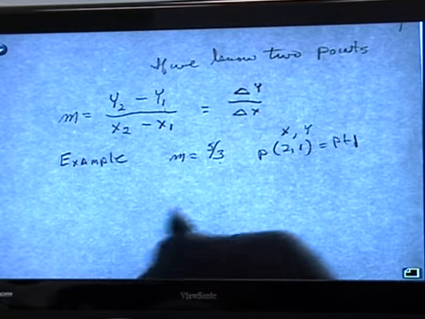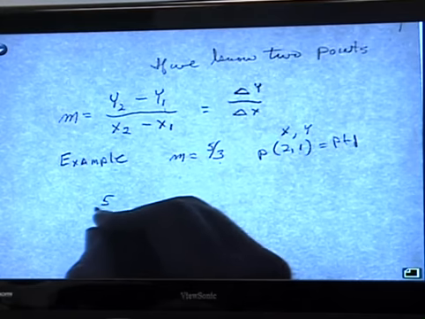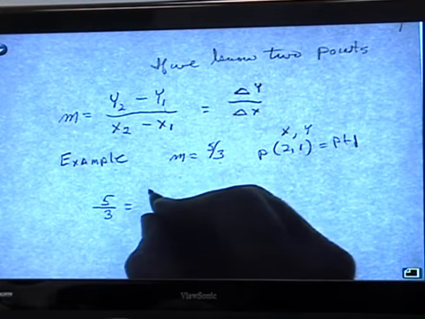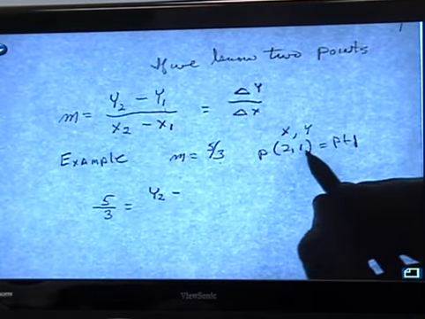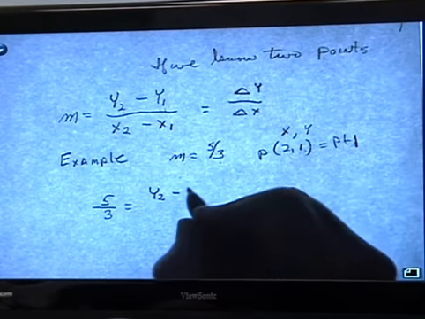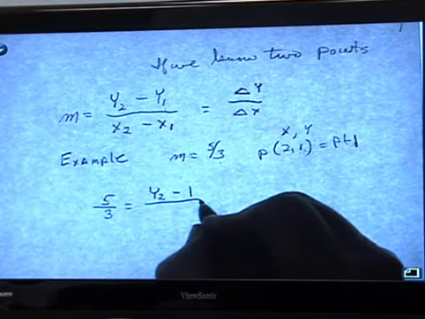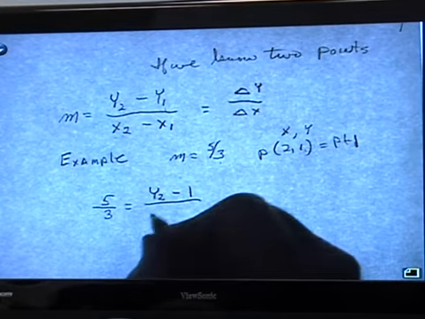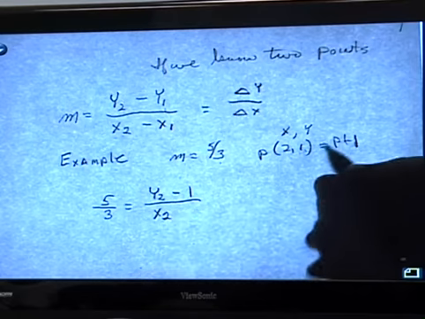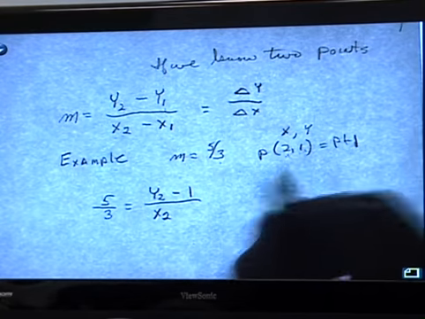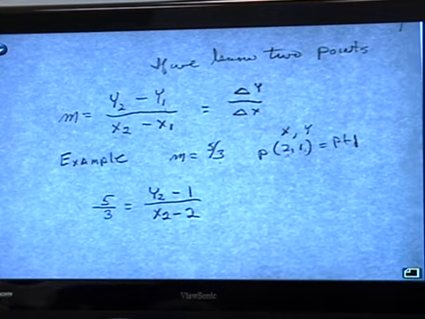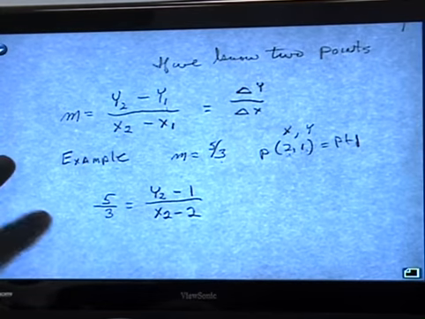So when we do that, we get 5/3 equals y2 minus y for point 1, which is 1, divided by x2 minus our x value for point 1, which is 2.